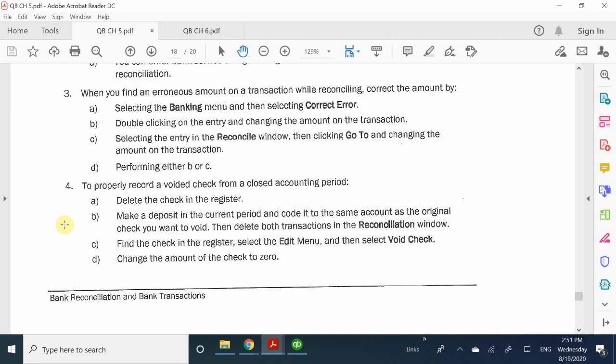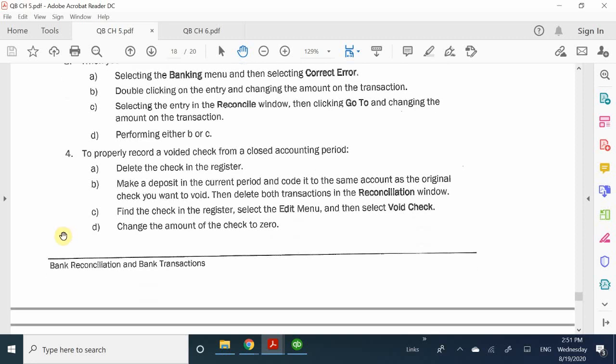C is correct. That's how you void a check. Why are they talking about voiding checks in this chapter? We already looked at it in other chapters.